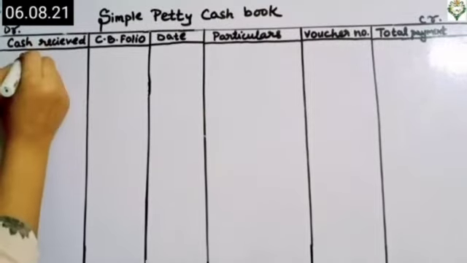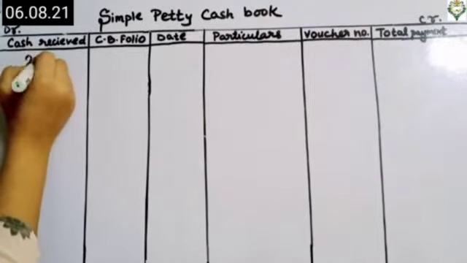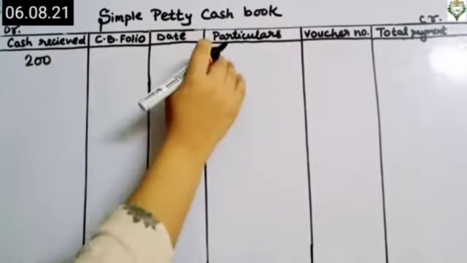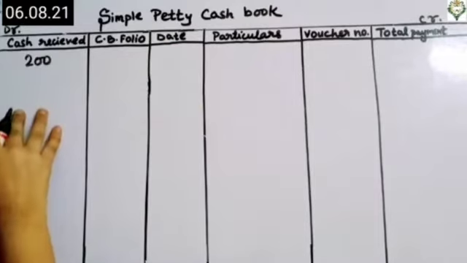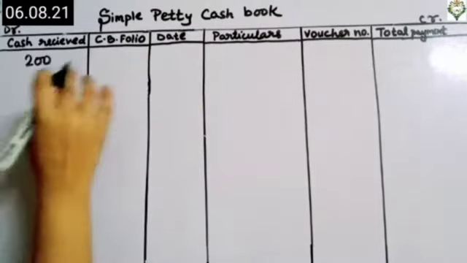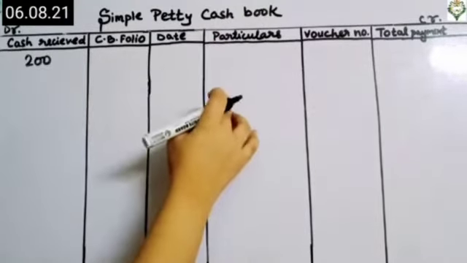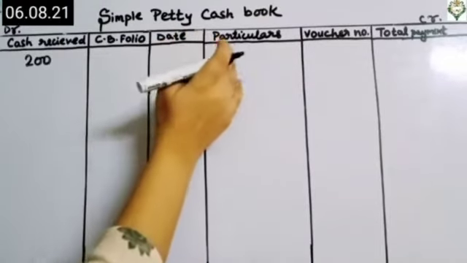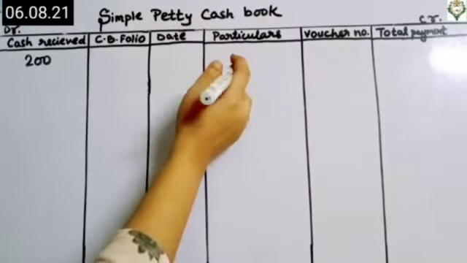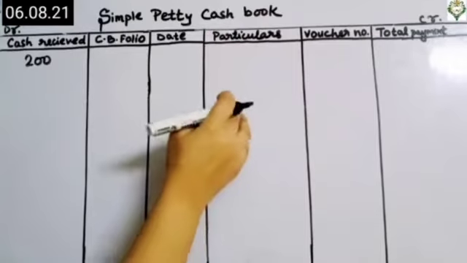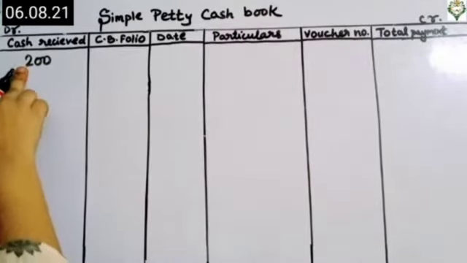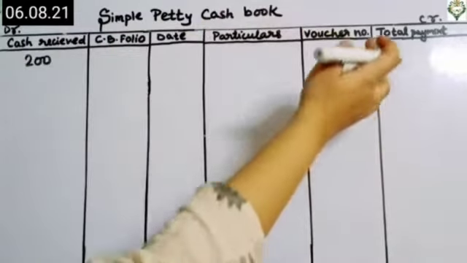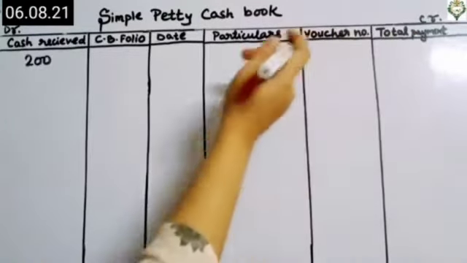We will just write the amount that we receive here, but the particulars, the entry, we will record here only. That is the rule of the simple petty cash book: whatever cash is received, we have to record on the debit side, and if it is an expenditure, we have to record it on the credit side of the column.